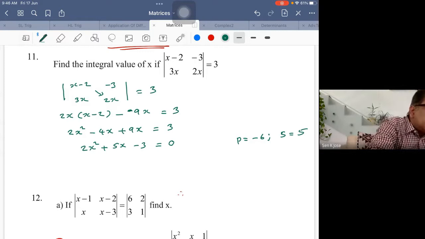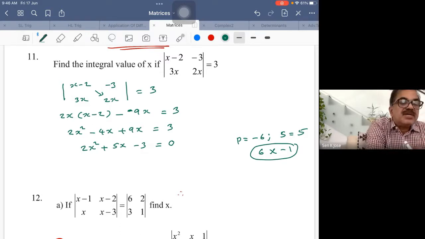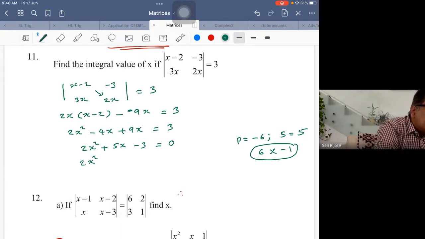What are the numbers? So +6 and -1. Not 3 and 2. 3 and 2 doesn't work, because one has to be positive and one has to be negative. It's only 6 and minus 1. 6 into minus 1 is minus 6, and 6 plus minus 1 is 5. So we split the middle term: 2x squared plus 6x minus 1x minus 3 is equal to 0.